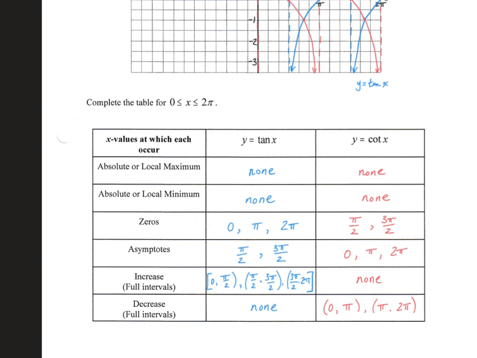Just remember that you have no local or absolute max or mins on your tan graph because your tan curve goes off forever and ever in both directions, and it has no change of direction. You see the same relationship between your zeros and your asymptotes, and you see the same relationship between intervals of increase and decrease with adjustments made for asymptotes.